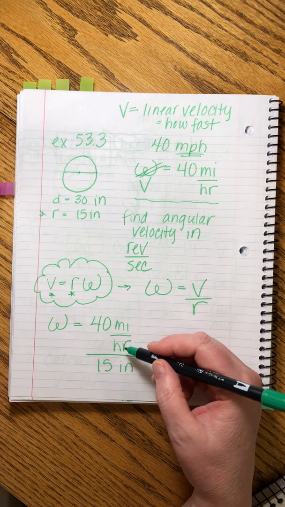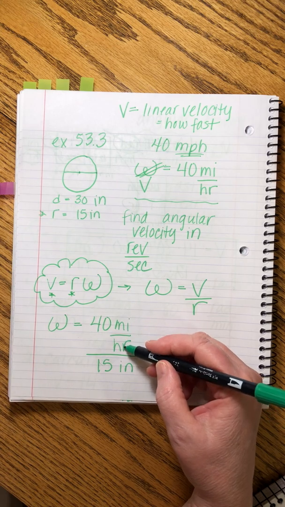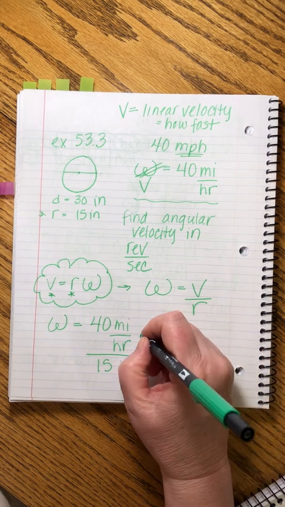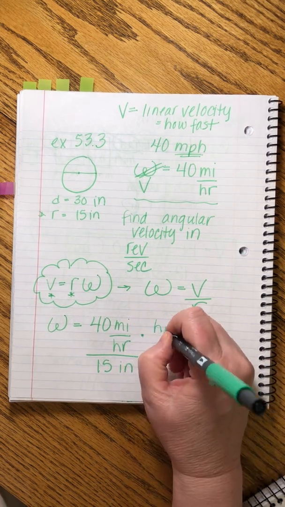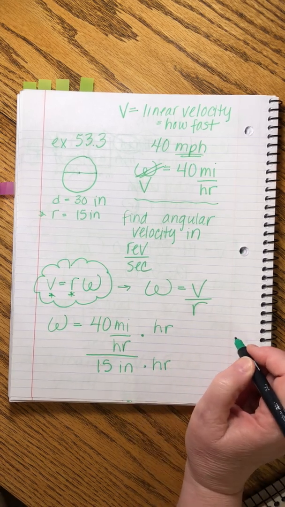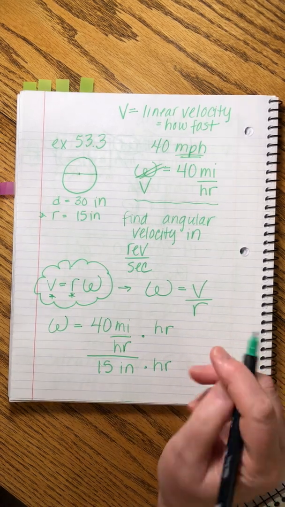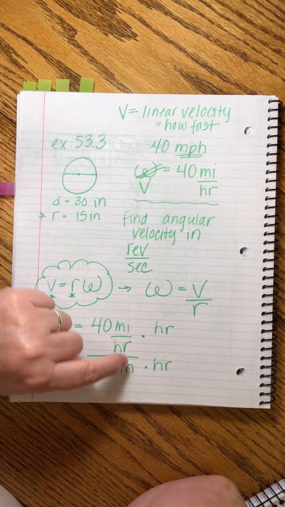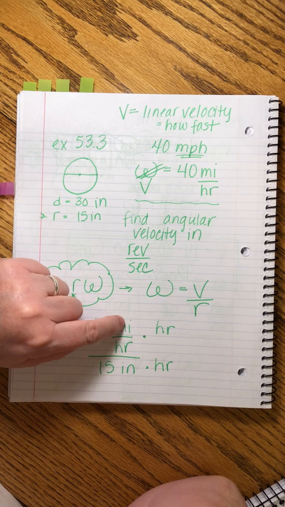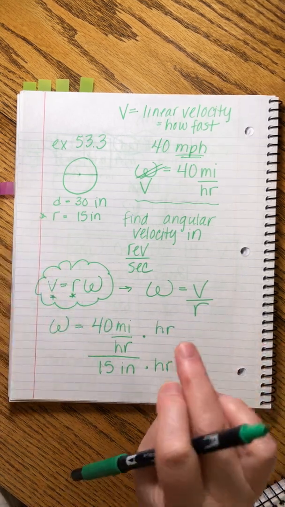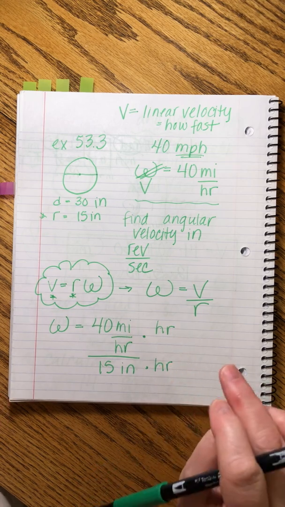And what we want to do is get rid of this denominator here. I don't remember if you remember doing this from rate problems, but essentially we're going to multiply top and bottom by the unit of hours. Oh, that's such a weird idea. But we'd rather be multiplying units down here than dividing. That's too confusing. So we multiply top and bottom just by the unit, not by a number, just by the unit.